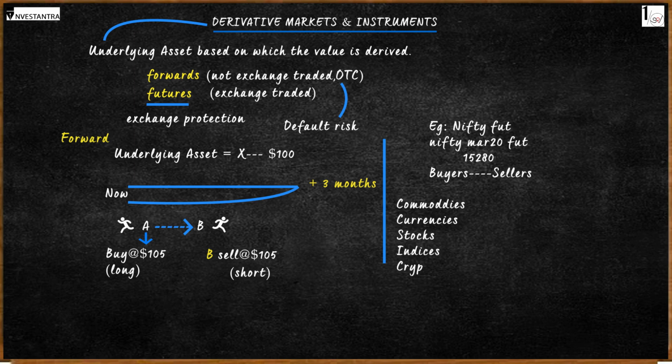Certain exchanges now even have cryptocurrency futures. So you can create this contract on anything, because all you need to create a forward contract is two people, right? Nifty futures are primarily traded on the exchange, and if it's traded on the exchange, it will be called futures.